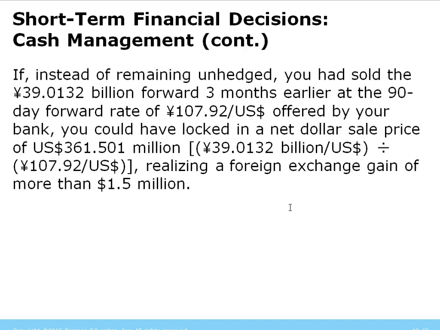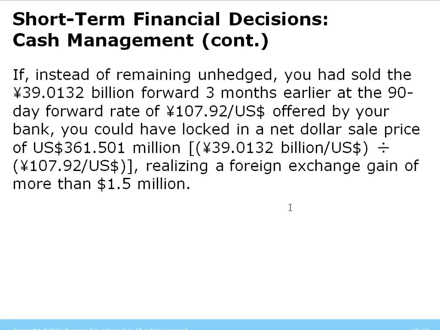So instead of remaining unhedged, you sold the 39 billion yen in the forward market. You sell first, because in the financial markets, like stocks, you can short sell. So you short sell the yen for a 90-day forward rate of 107.92 offered by a bank. Then you could lock in the net dollar sale price of 361 million, realizing an actual gain of 1.5 million by locking in those rates today.